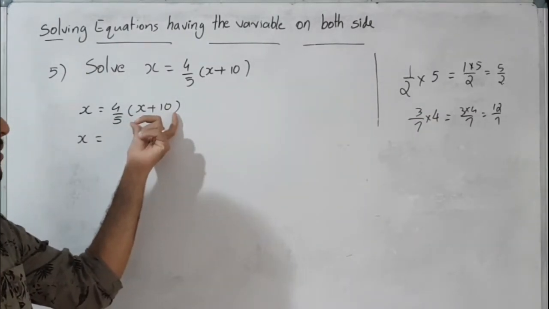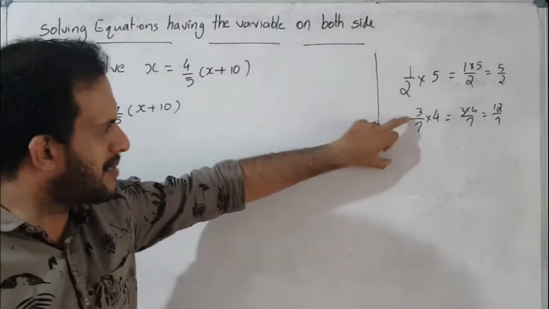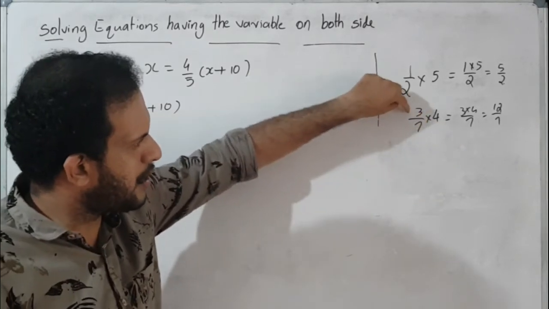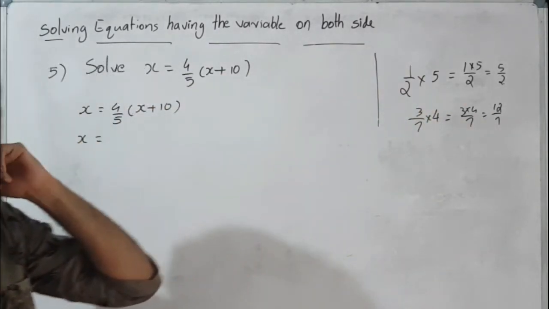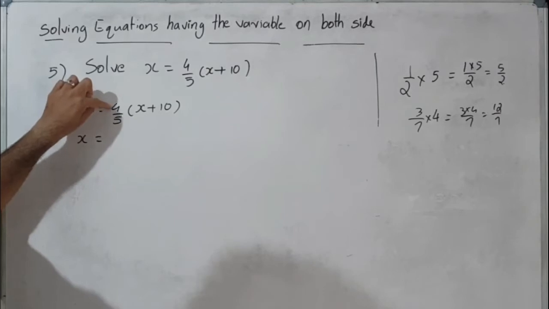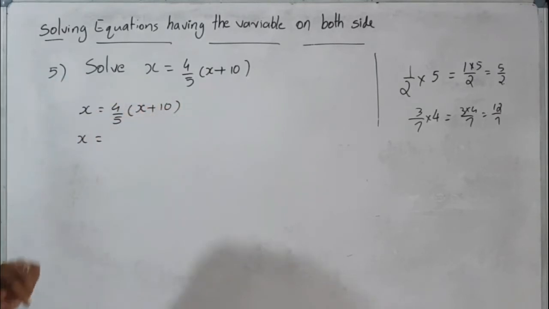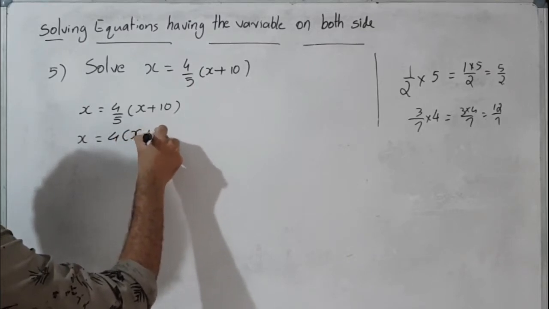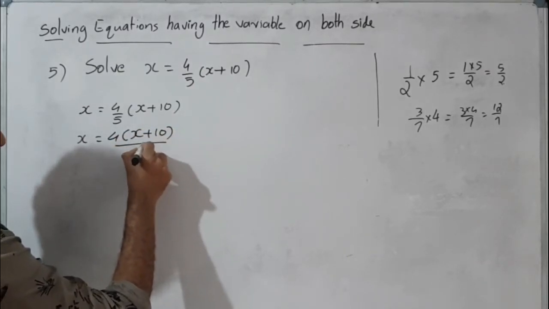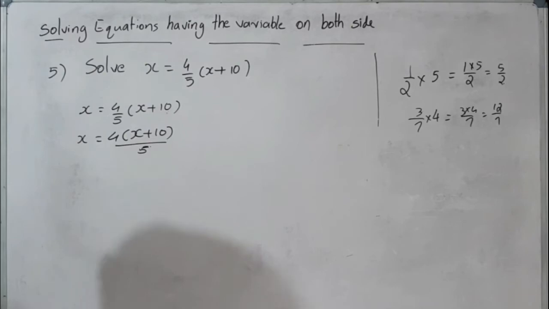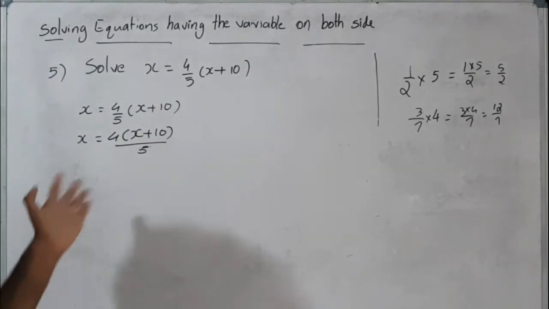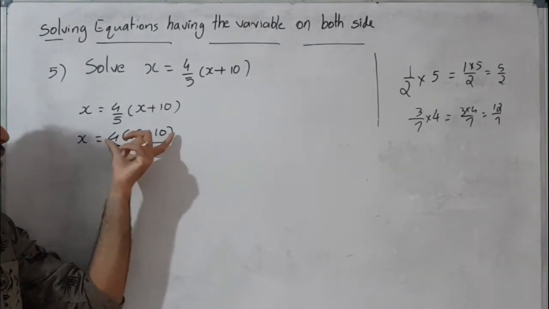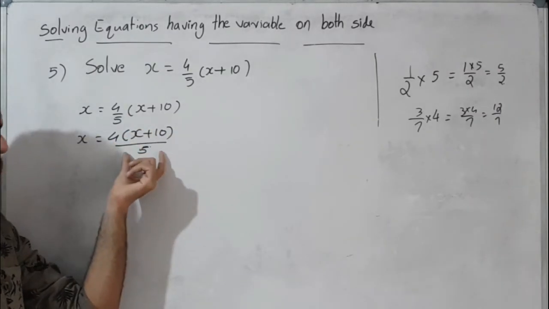Then, as we wrote 3 into 4 by 7, we write 4 into (x plus 10) by 5. Correct? Then the first step is that we are dividing by the common number 5.